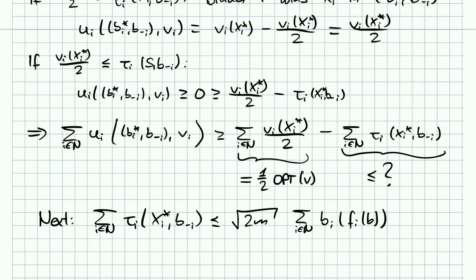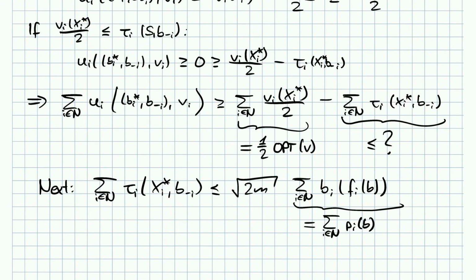And this, the sum of the bids for the outcome of our mechanism, is exactly the sum of the payments. And if we have shown this, then what you see is that this inequality will be exactly smoothness. So all that remains is actually showing this inequality here.